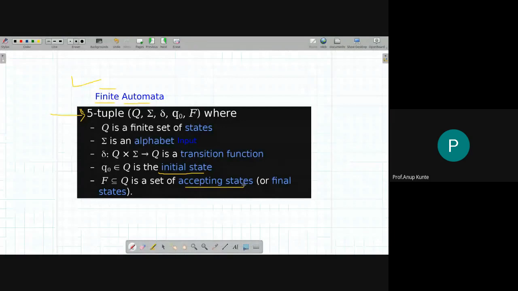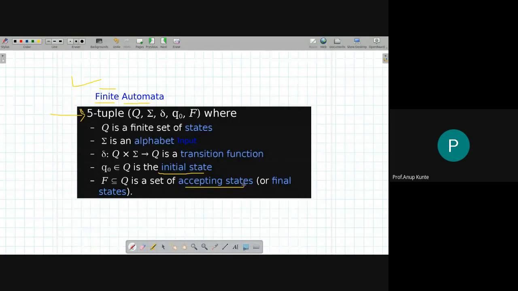One partition was the valid string partition. These were the strings using which my device was always going to go into a final state, whereas all the other strings were the strings that, if I give them as input, my device was always going to end up in a non-final state.